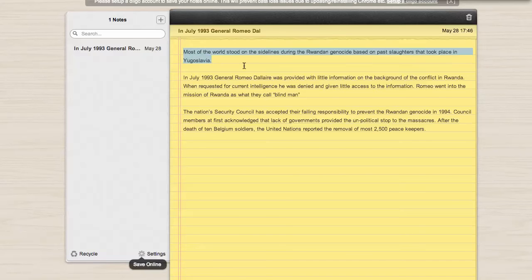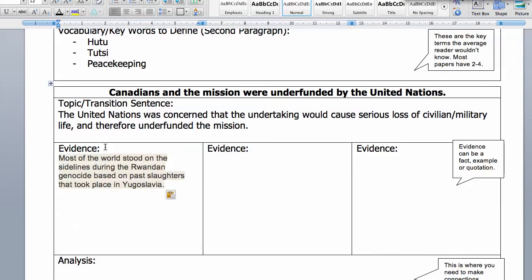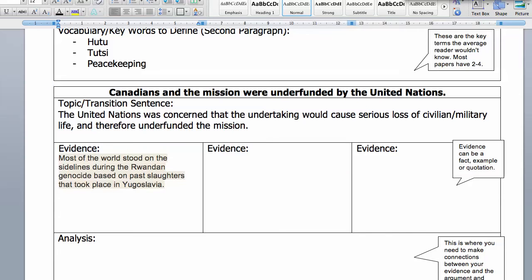Most of the world stood on the sidelines during the Rwandan genocide because of past slaughters that took place in Yugoslavia. That's going to go in here. I'm going to cite that source additionally. Okay, I'm not going to, for the sake of time, do a great job of that right now. I'm going to say Hoodley, page 6 from a book.